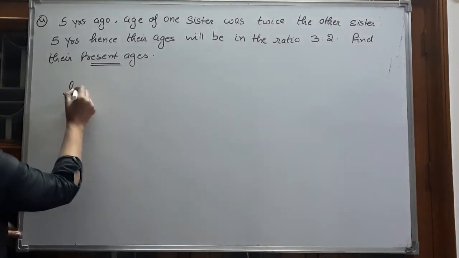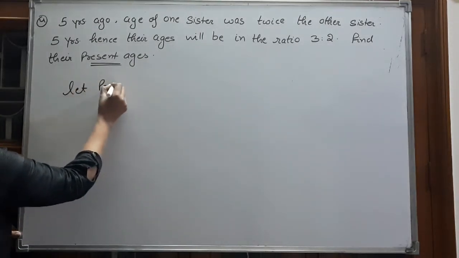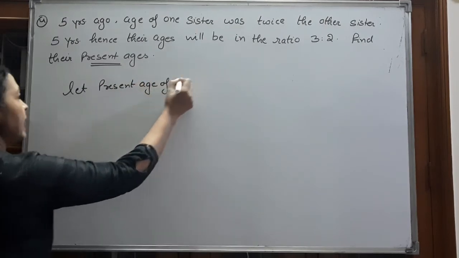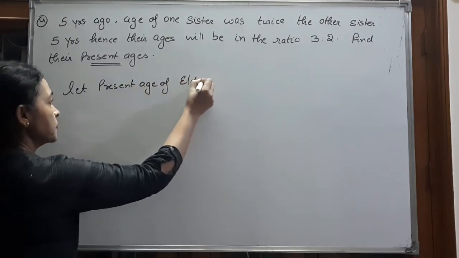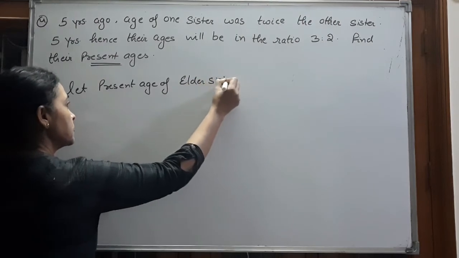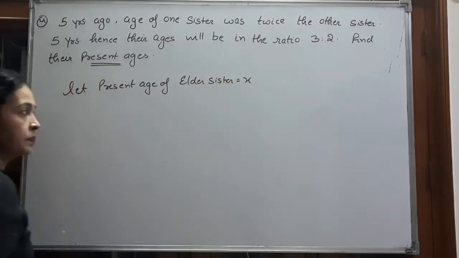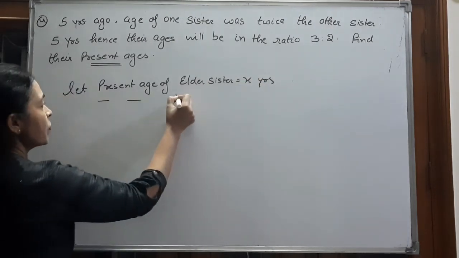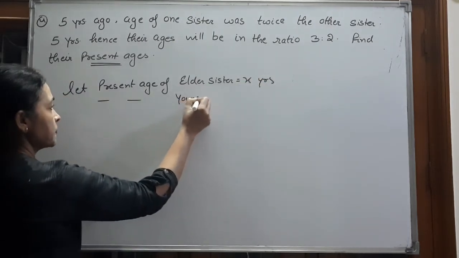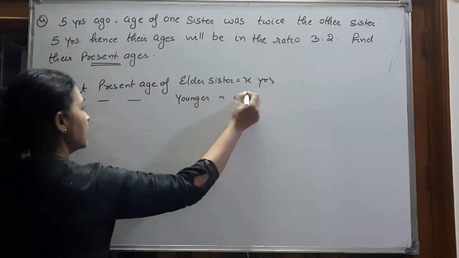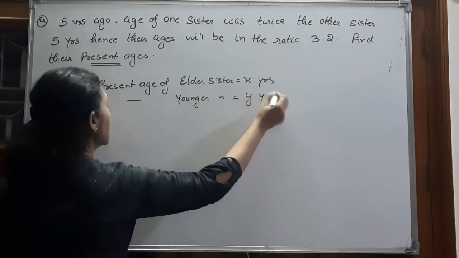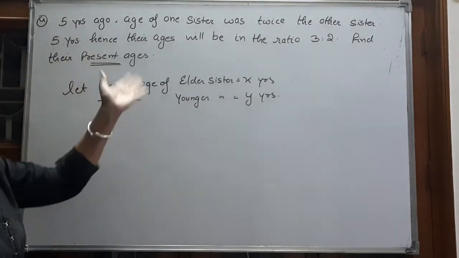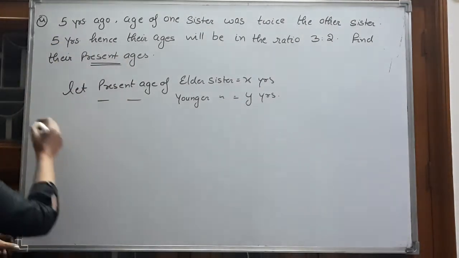So let the present age of the elder sister be x years, and the present age of the younger sister be y years. Now we have two cases, 5 years ago and 5 years hence, meaning 5 years later.